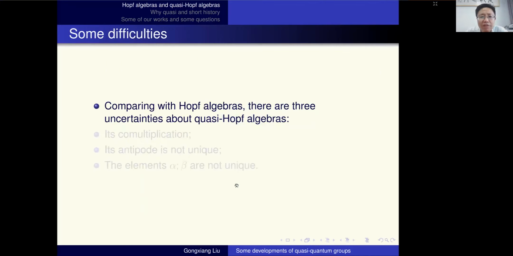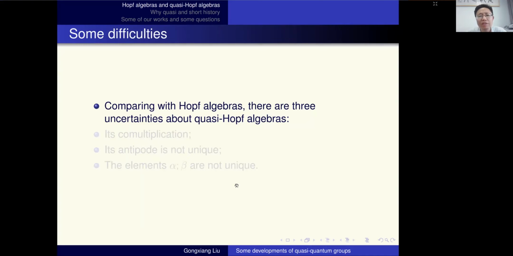Comparing with Hopf algebra, for me at least, although Drinfeld sometimes says that researching quasi-Hopf algebra sometimes becomes easier than Hopf algebra, maybe I'm too stupid. I still don't know how to deal with quasi-Hopf algebras in an easy way, except by using the tensor category way.